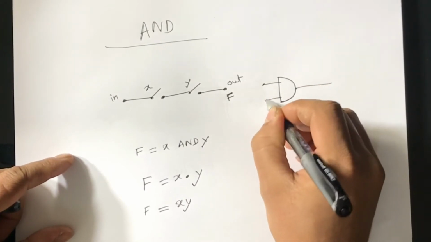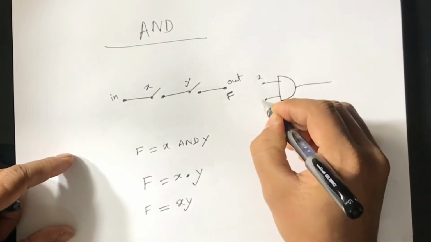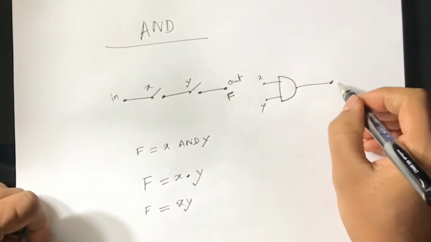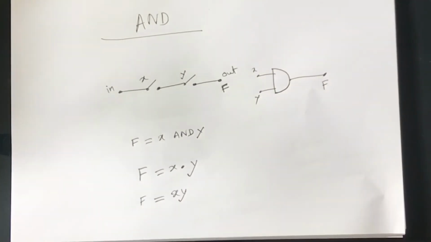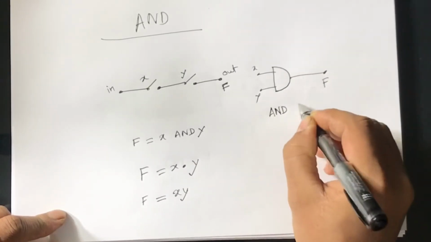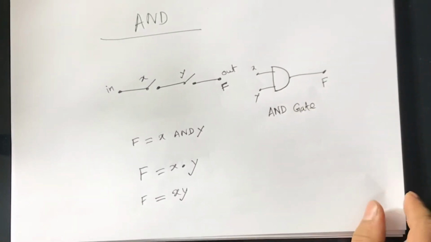Those two are inputs like X and Y, and here is the output. It's like F. This is called AND gate.